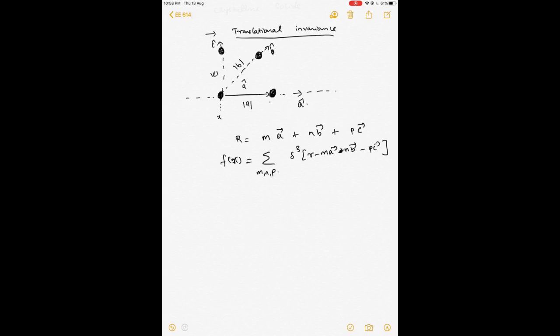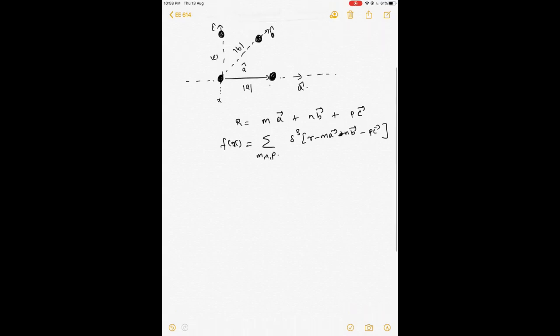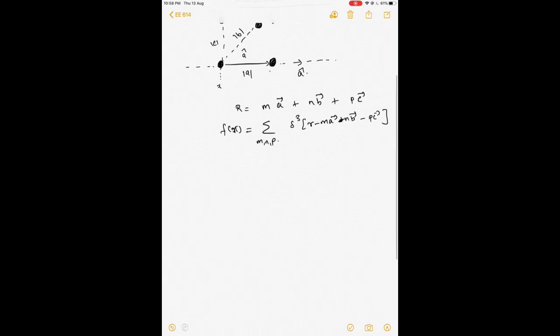This was first studied in 1850 by a man called Bravais, and he showed that depending upon the relationship between the a vector, b vector and c vector, the class of these solids can be divided into 7. For example, if the magnitude of a equals the magnitude of b equals the magnitude of c, and a dot b equals b dot c equals c dot a, this is one particular condition which we call simple cubic.